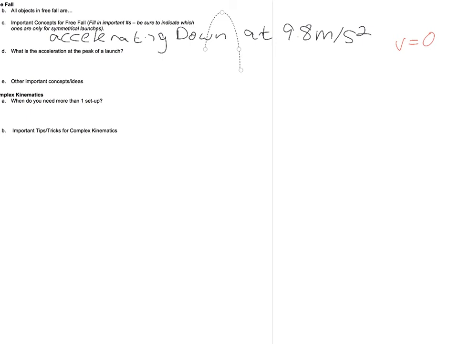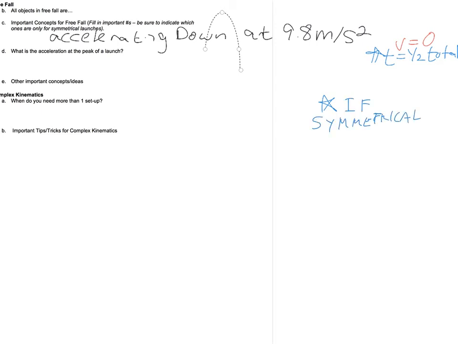We also know at the peak that our time is half of our total time. Now you remember that one comes with the asterisk here. This is only true if it's symmetrical.